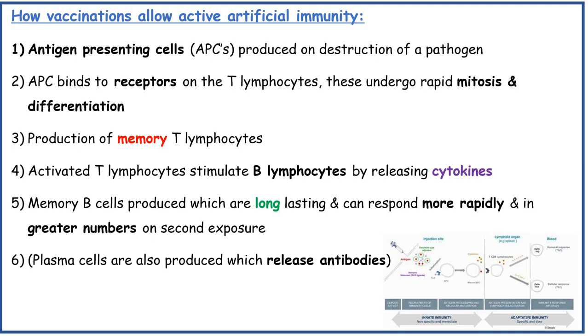There is production of memory T lymphocytes. Activated T lymphocytes stimulate B lymphocytes by releasing cytokines. Memory B cells are produced, which are long lasting and can respond more rapidly and in greater numbers on their second exposure. And plasma cells are also produced, which release antibodies.